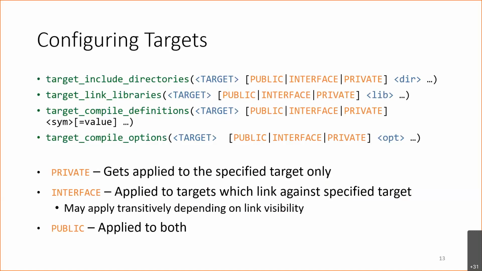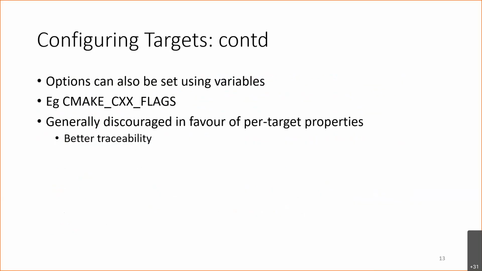That's a very powerful part of CMake in terms of propagating requirements between targets. In addition to these commands, there's also a number of variables that can be used. For example, there's CMake CXX flags.